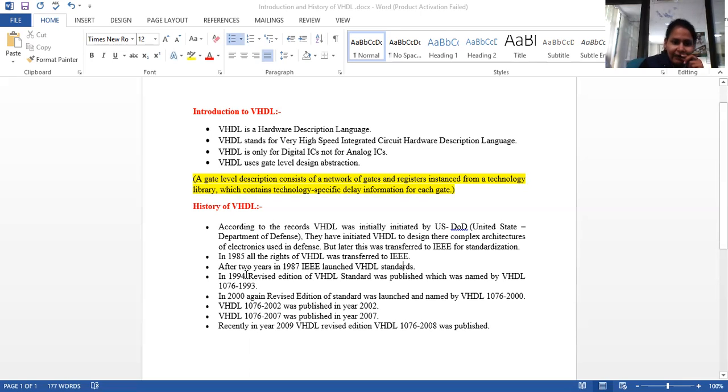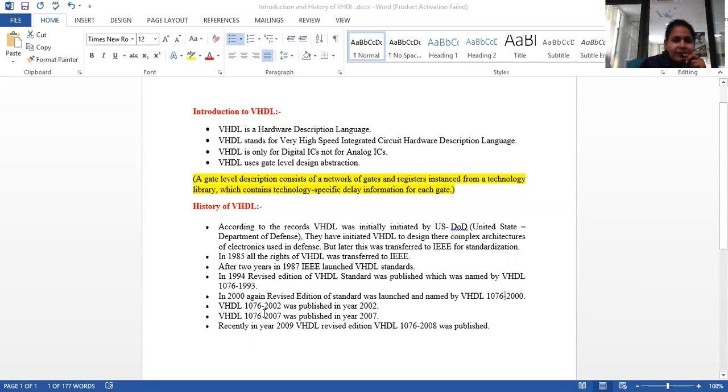In 2000, again a revised edition of the standard was launched and named VHDL 1076 2000.